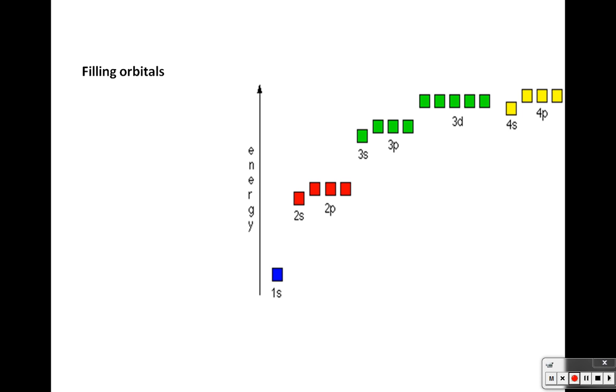Now, just like we numbered the orbits that were around the nucleus, we give each energy level what's called a principal number. And we call that principal number n. So, for example, the blue box, there's only one, that's the first principal energy level, and that we would say is n equals 1.